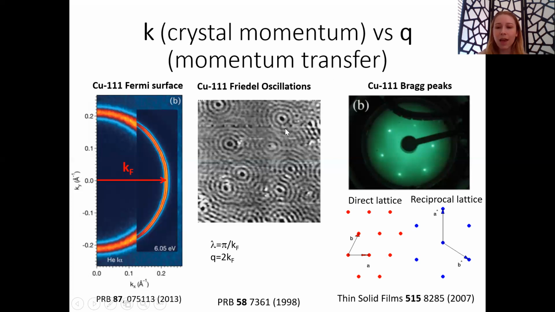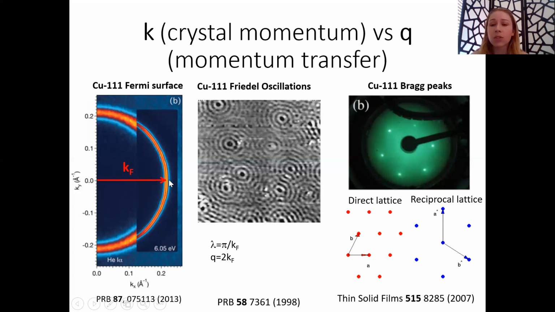And then they see another wave and they interfere with one another. These patterns that look like ripples in a pond are actually interference patterns. And the period of this interference pattern is set by twice the Fermi momentum.